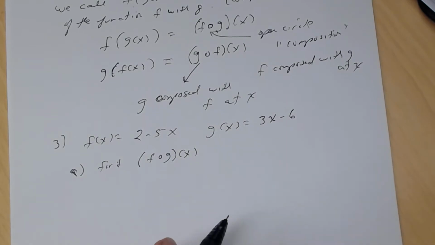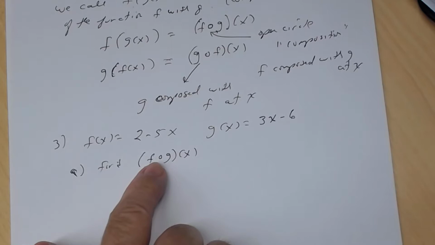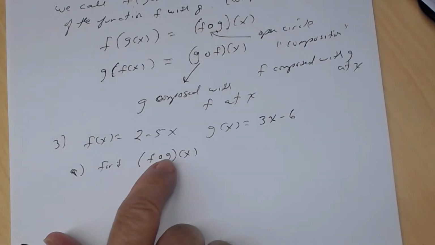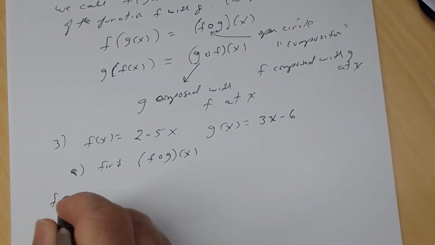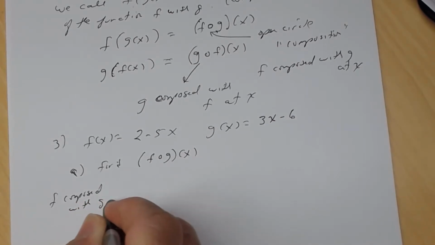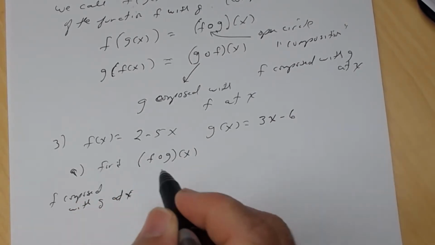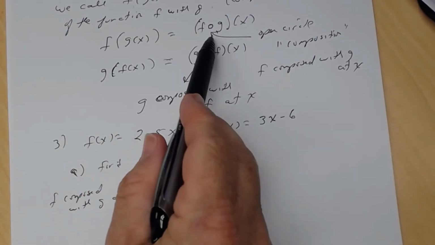Okay? All right, now you got to know your definition though. So what does that mean? When you read it, you read it as f composed with g at x. But by definition, f composed with g at x is this.